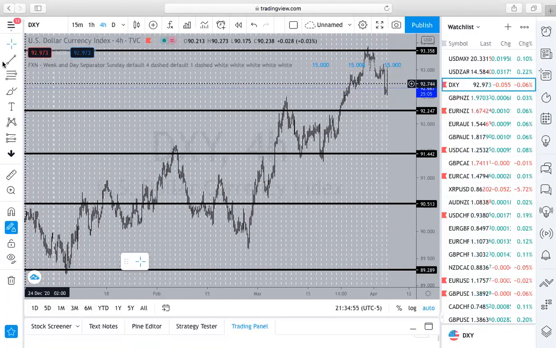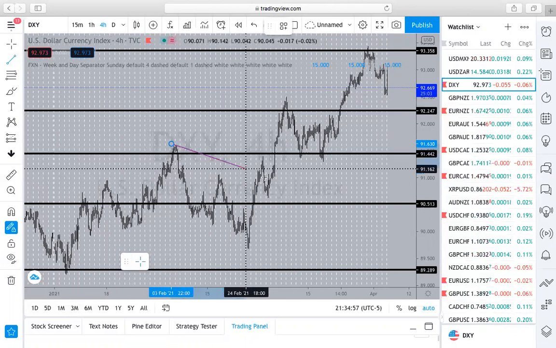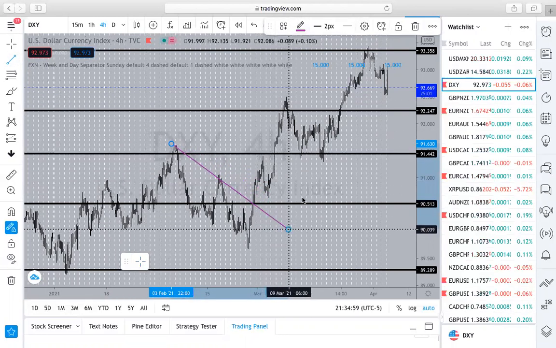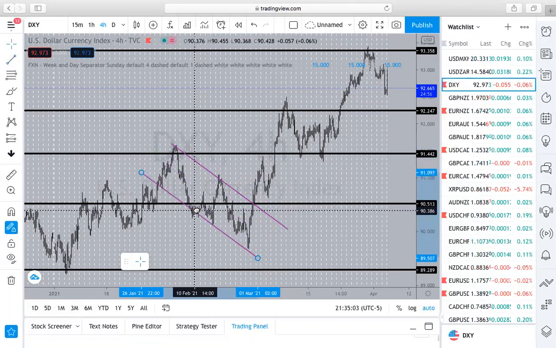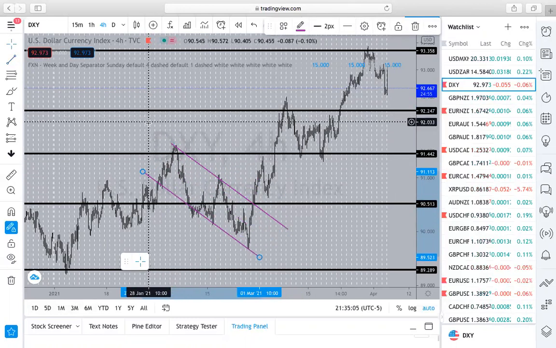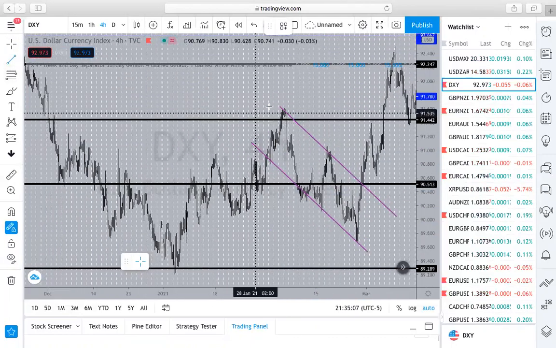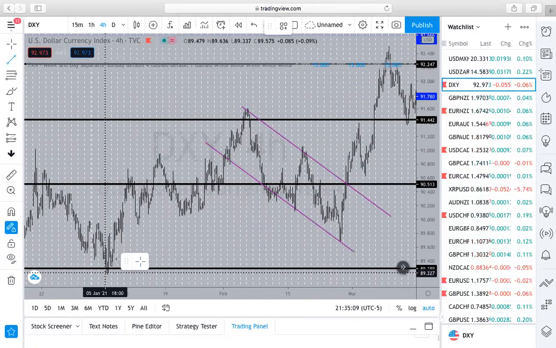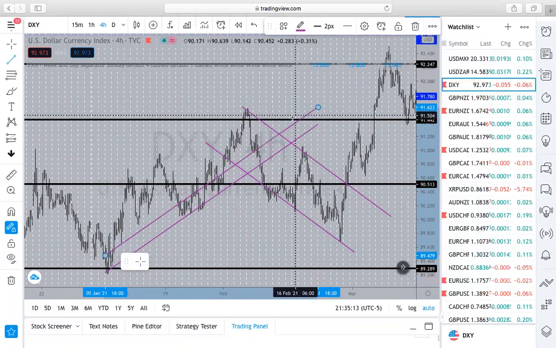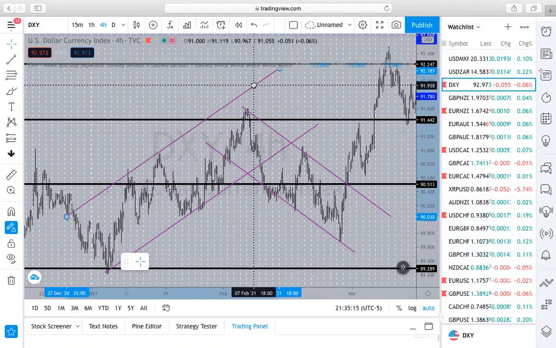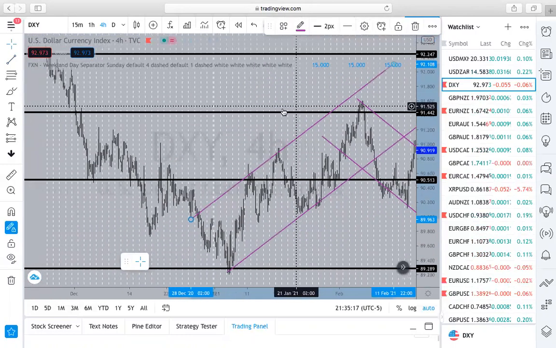When you start to see trend lines, you can start drawing trend lines all over the chart. Let's draw a couple trend lines where we see the price is trending. Right?